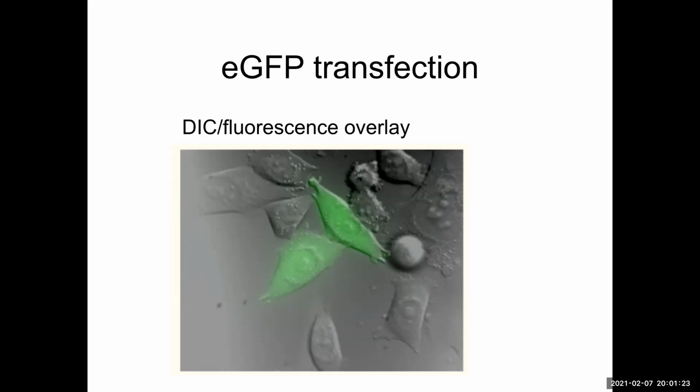Separate images were taken and they were overlaid so that the DIC shows you all the cells that are present, including a very rounded up one that may or may not be dying, depends. And you can see that there's a bunch of cells, but there's only 2 of them that are fluorescing. So this is a great reason why you often need to look at the same specimen with different kinds of imaging modalities.